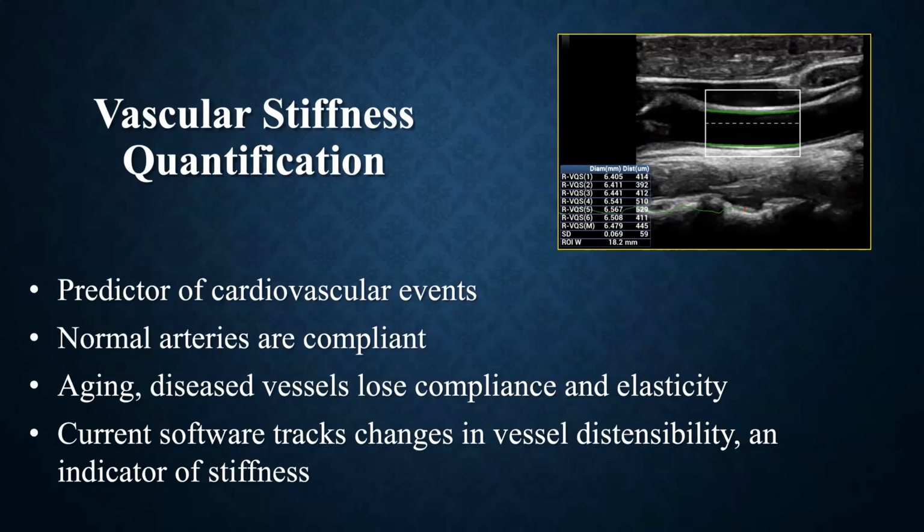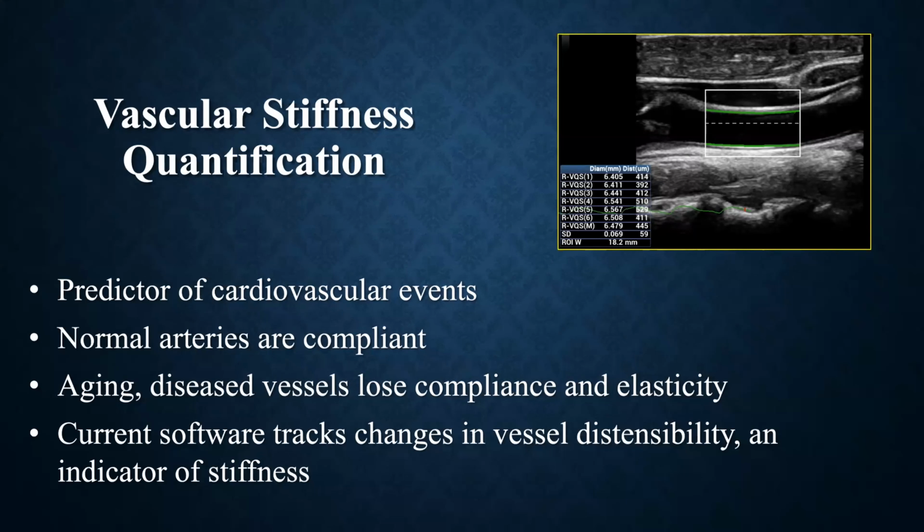Something that is relatively new is stiffness quantification. We know that normal arteries are compliant. They change with arterial pulsation. And as aging, diseased vessels get stiffer, they lose their compliance and elasticity. And this is also a predictor of cardiovascular events.